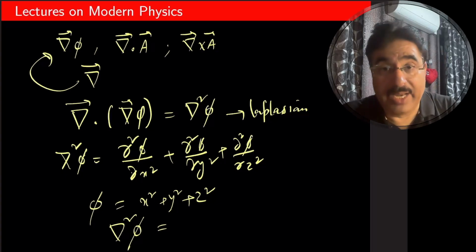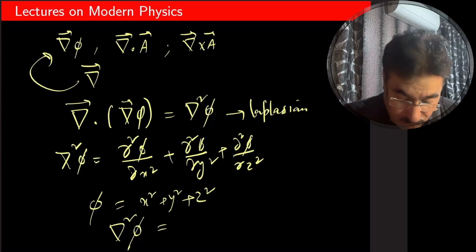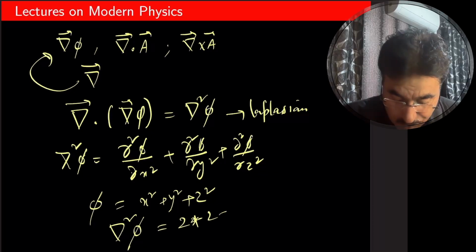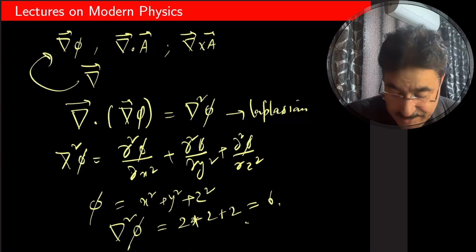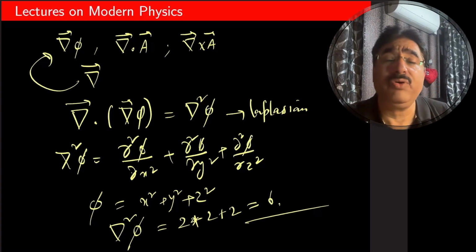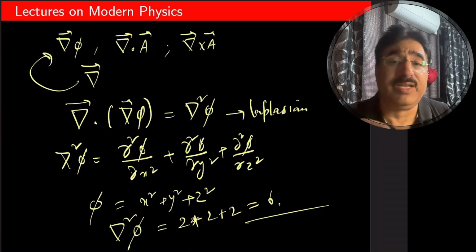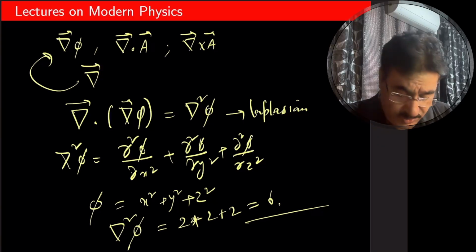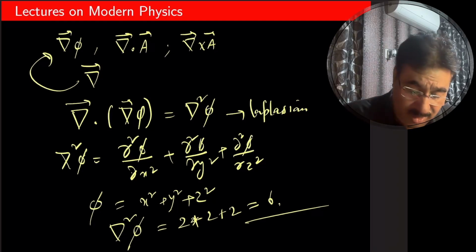But then when you take the differential operator again, you will have 2 plus 2 plus 2, that is 6. So you can give a scalar function and find its Laplacian. It means just double differentiate its variables, whatever variables are there, x, y, and z. You will get the Laplacian. This is called a Laplacian.